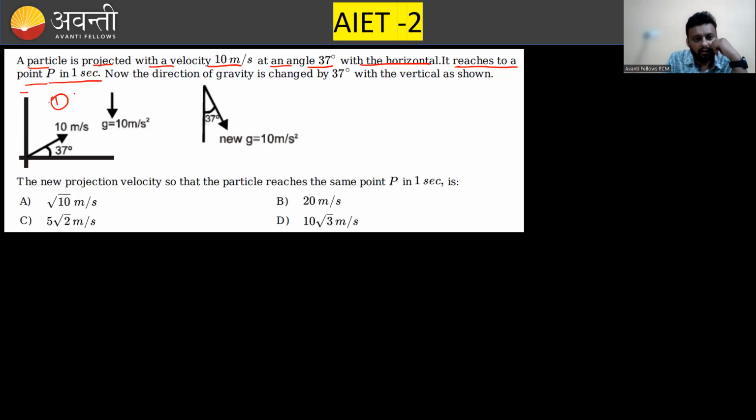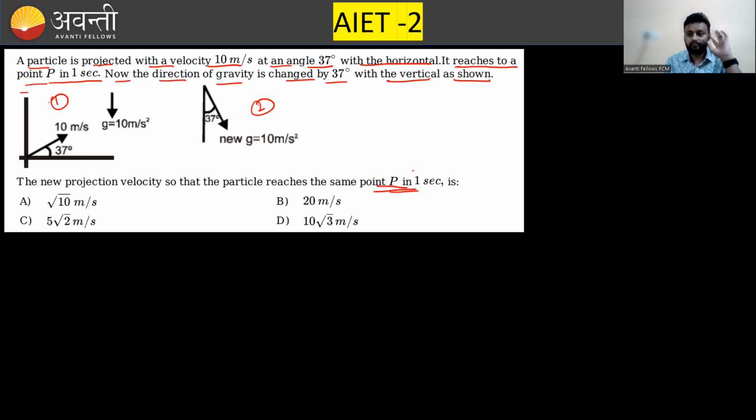No problem. Now the direction of gravity is changed by 37 degree with the vertical as shown. This is the second situation. Find the new projection velocity so that the particle reaches the same point P in 1 second.